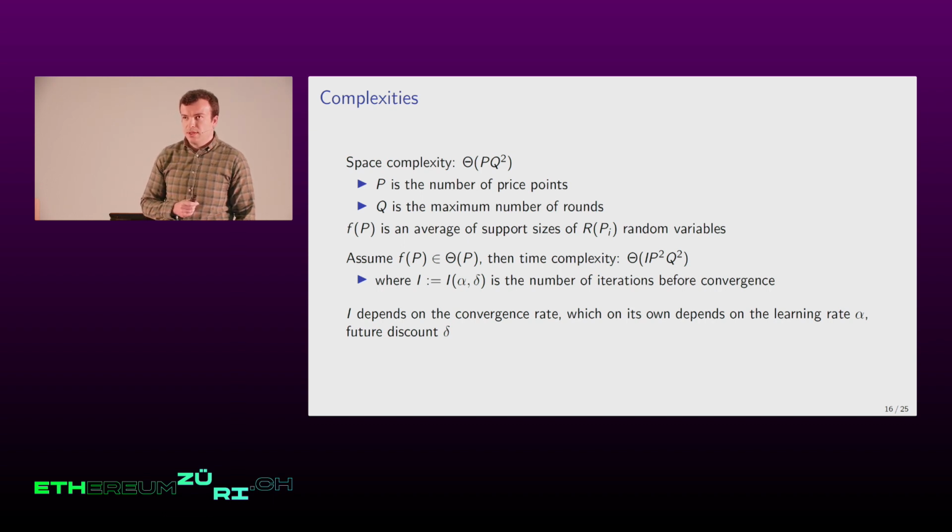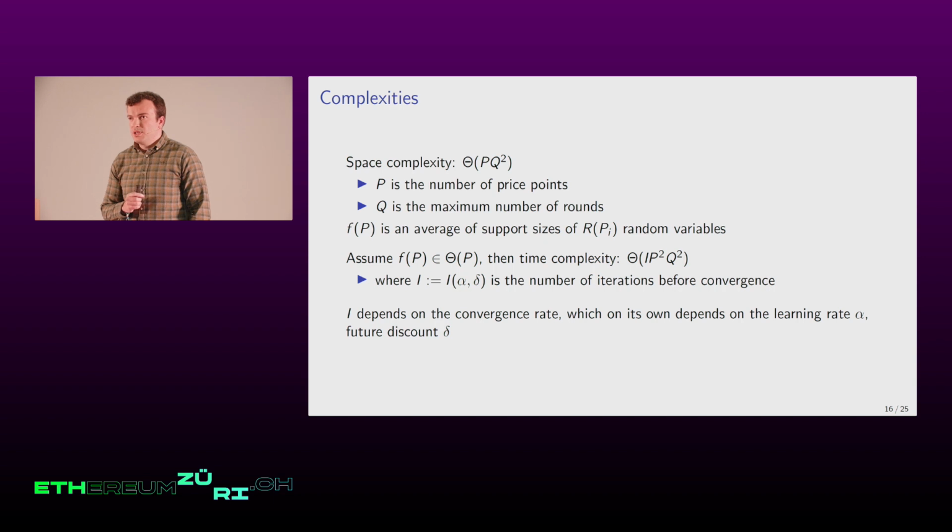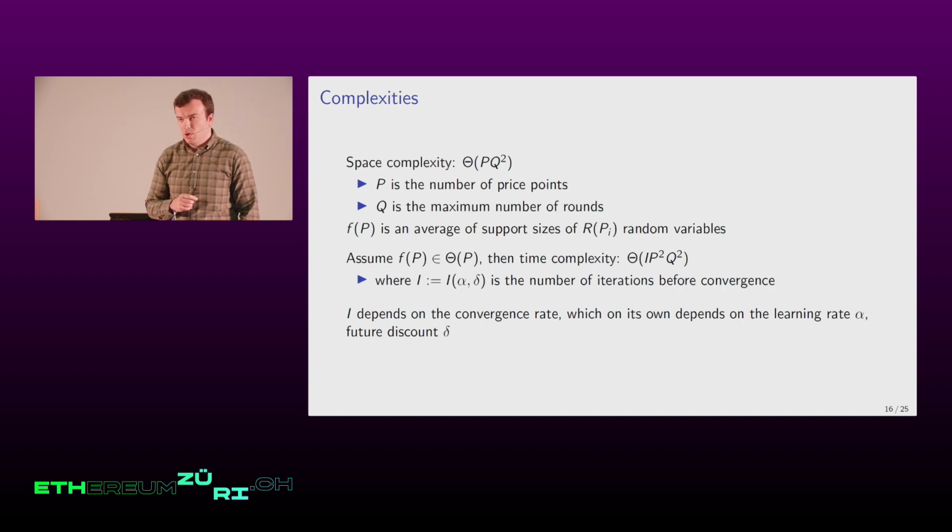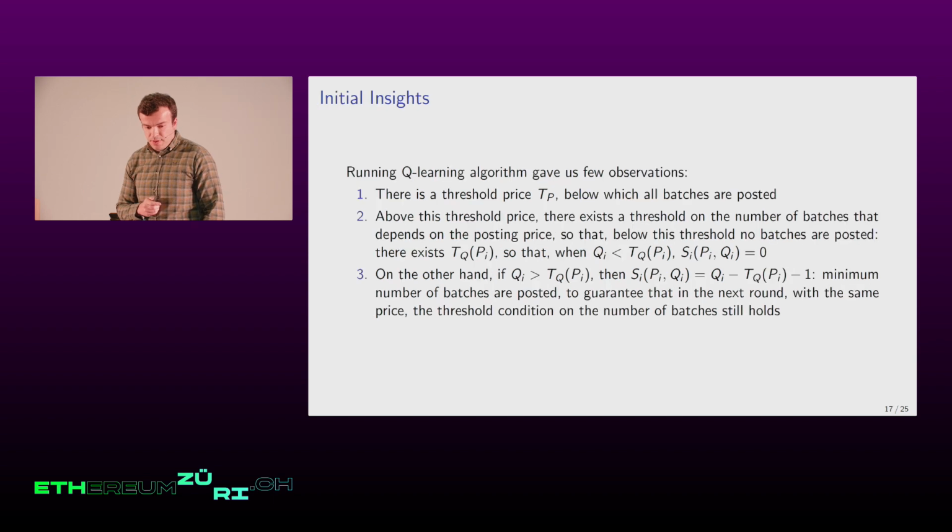It's not actually exactly monotonic, but what it really depends on is delta. So the higher the delta, the slower it is. If we take delta closer to 1, which means that we care about the future cost almost the same as today's cost, then it becomes very slow.